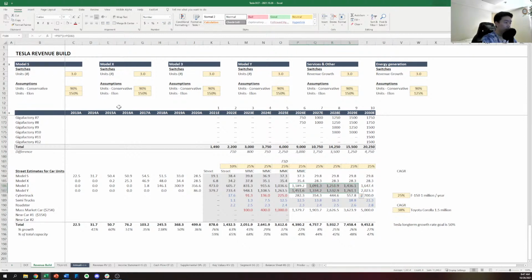So Model 3 and Model Y. This Model 3, well, there's gonna be some cannibalism. So let's say this gets to 2 million. So yeah, these are the key assumptions here. 2 million, Model Y gets to 2.5 million.